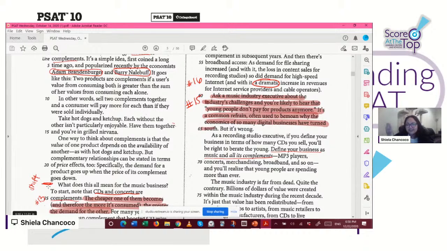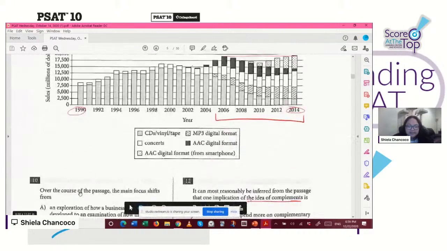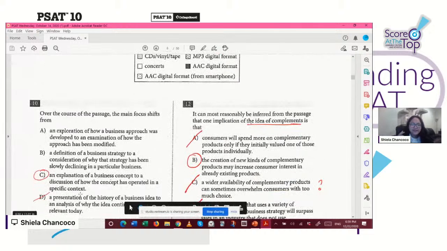First, they introduced an idea in economics, and then they related it to what they're actually going to talk about throughout, right? So let's see. All right. So the answer for number 10 here is C, an explanation of a business concept to a discussion of how a concept has operated in a specific context.